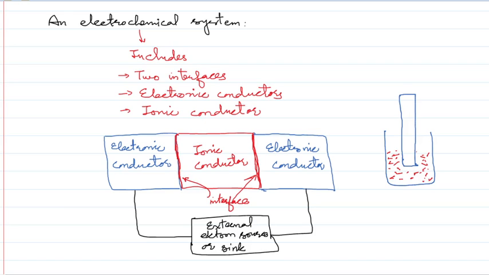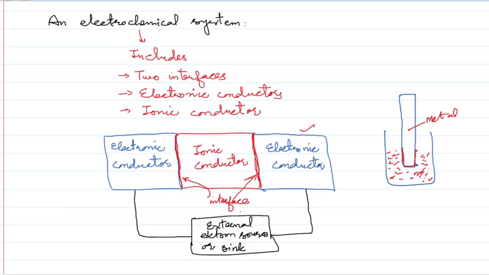So this is the surface which separates this ionic conductor, that means this electrolyte, from the electronic conductor, this metal strip. So you can imagine these two electronic conductors as two metal strips, and this is the electrolyte, ionic conductor.